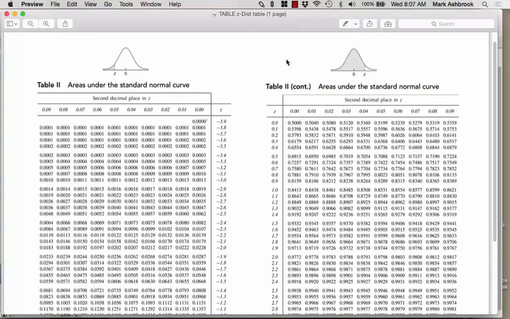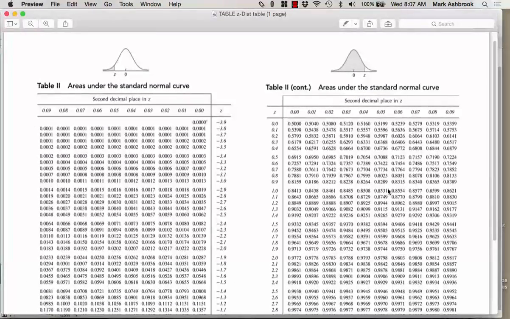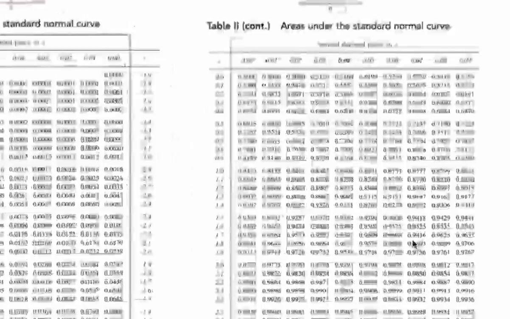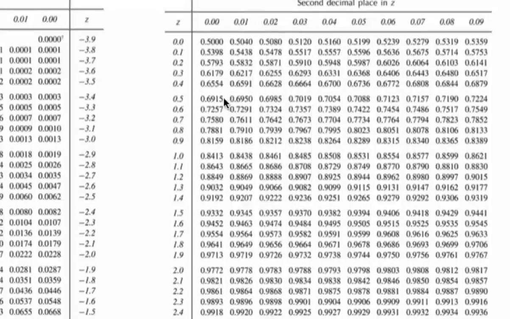So if I go to the table, that is a positive value of z, so I'm going to look here on the right side. What you do is you start with your z-score: here is the ones place and the tenths place, and then the columns across here are the hundredths place. So if you get 1.23, you're going to start with 1.2. See that?